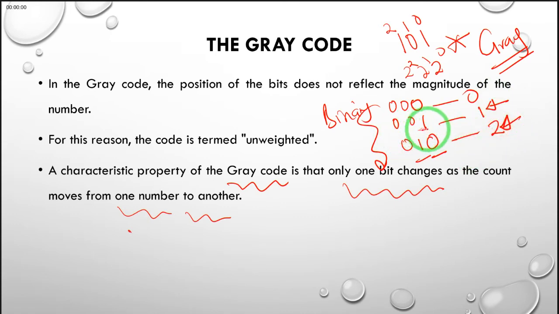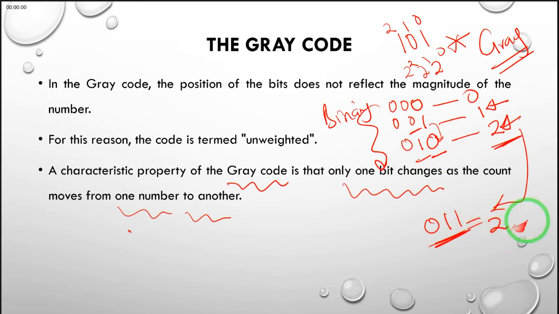So instead of having two of these changing, in gray code, which we'll see how it's done, 2 is represented by 011, meaning that this was already 1, so it never changed, but the next bit is the one that changed. On the contrary, this represents 2 in gray code, but it represents 3 in normal binary number representation.